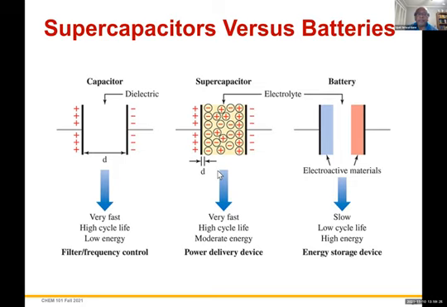And the supercapacitor is similar to a capacitor, but they have electrolytes between the electrodes. They have a small distance, the distance between the positive layer and the negative layer that appears, a double layer. That is the small distance between those two first layers, positive and negative.